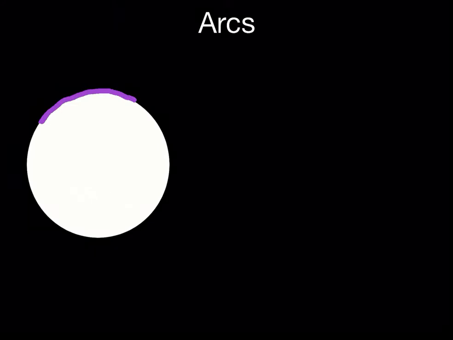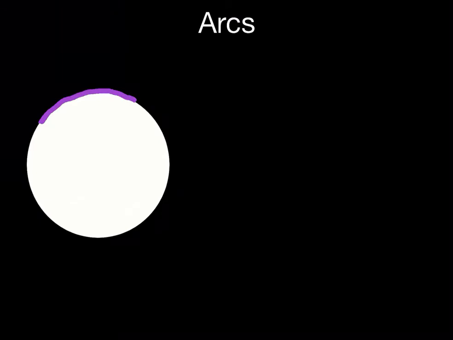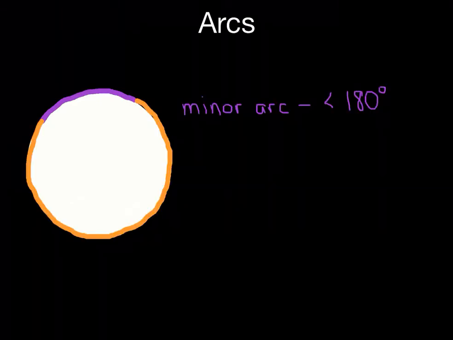So if you got something less than 180, then it's considered a minor arc. And then we have something called a major arc. A major arc is an arc, for example, the orange arc that I've drawn here, that is going to be greater than 180 degrees. So it's a large portion of the circle.